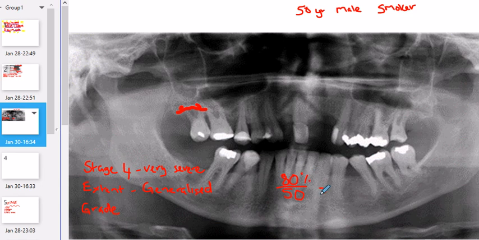So if we look at this equation here, we're looking at 80 divided by 50. This equals 1.6, which would fit into the category of rapid, or C. A, B, C. So that's grade C. So the progression is rapid.